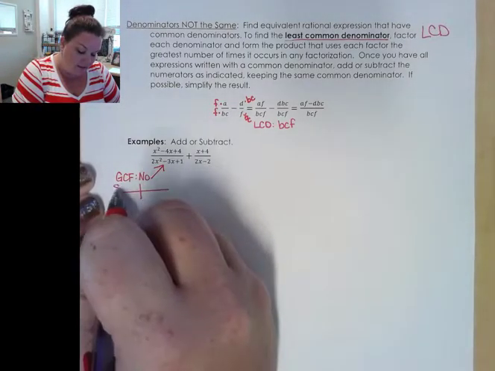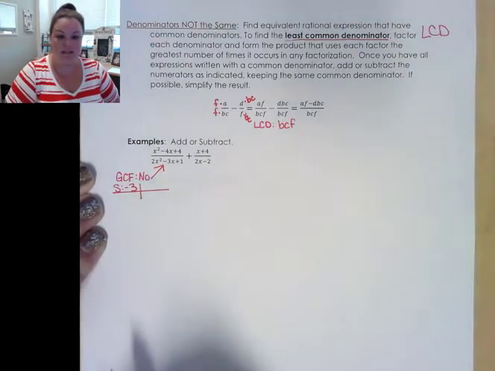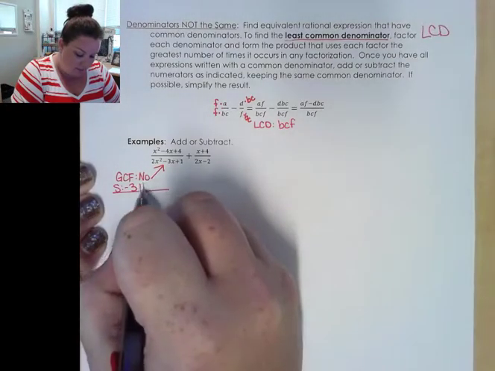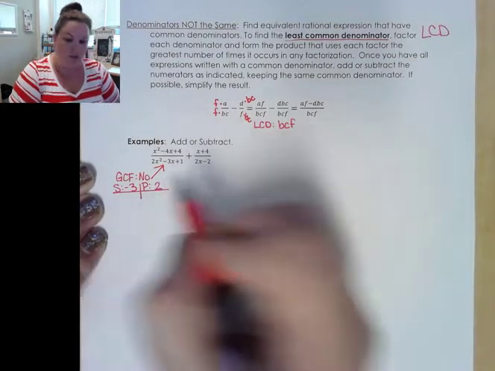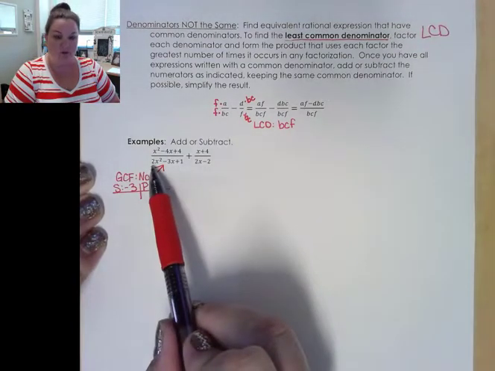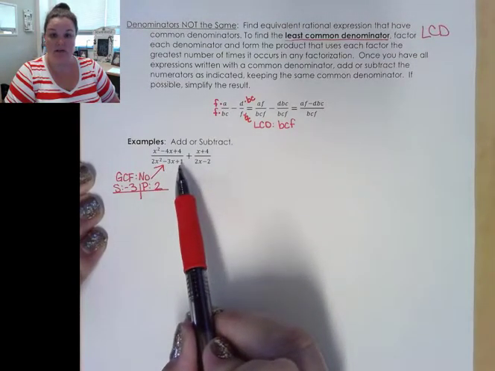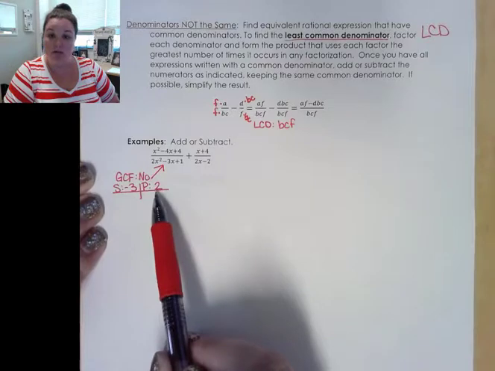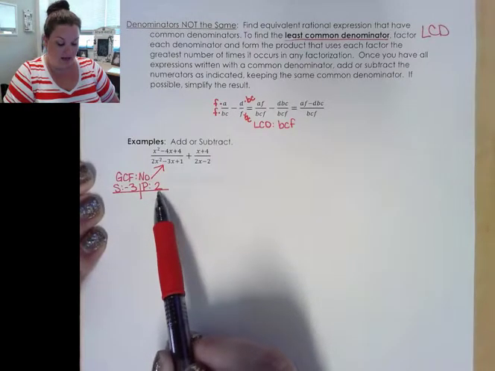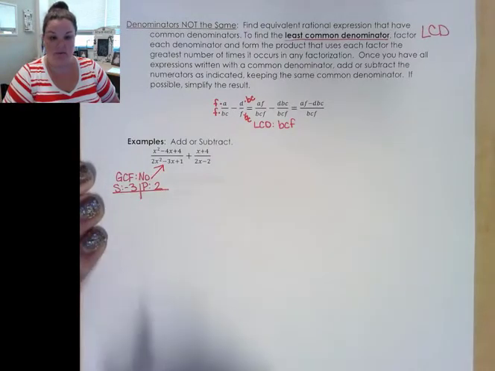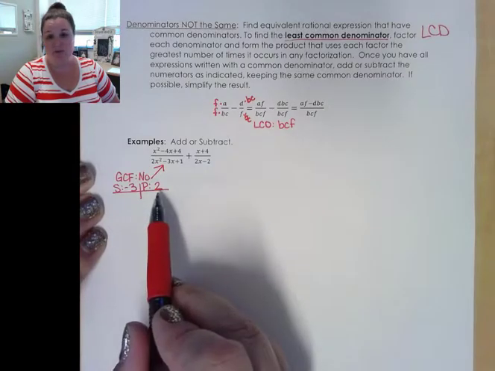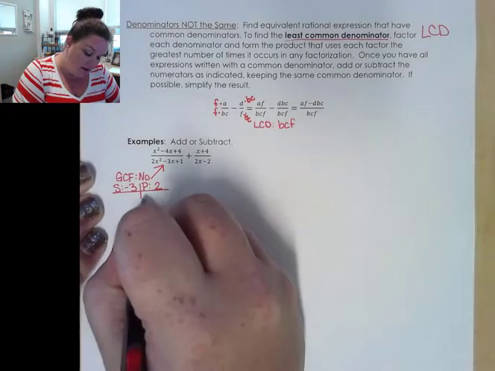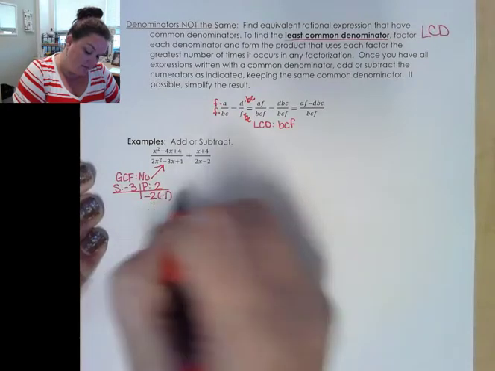My sum is -3 because that's the middle coefficient, and my product is 2 because I take my first coefficient times my last coefficient. So I need something that multiplies to 2 that I can combine to get -3. The only thing I can multiply to get 2 is 2 and 1, right? And if I want those to combine to -3, I need them both to be negative.